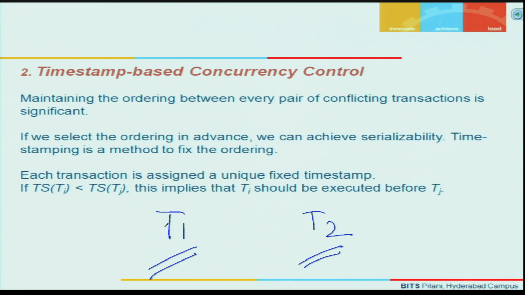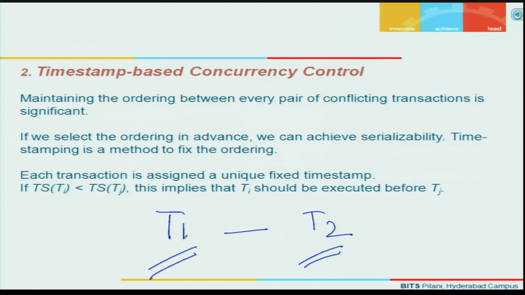It can be achieved by associating a timestamp with each of the transactions, like the time when the particular transaction has been started, that can work as a timestamp. So this will fix the ordering.